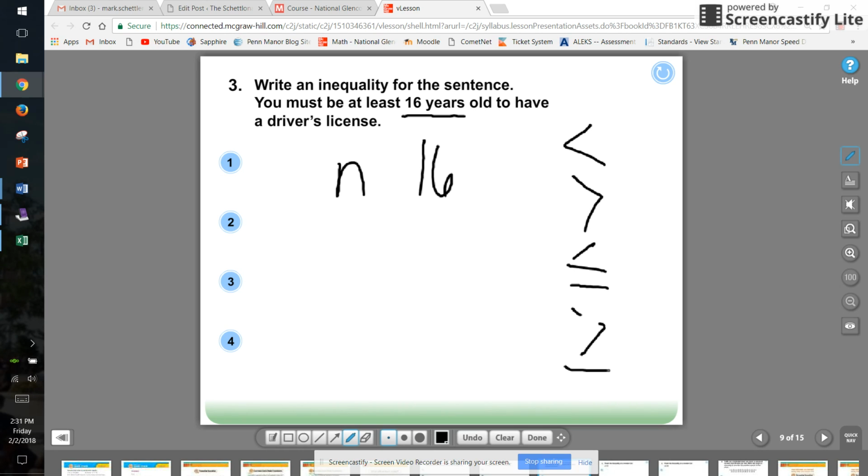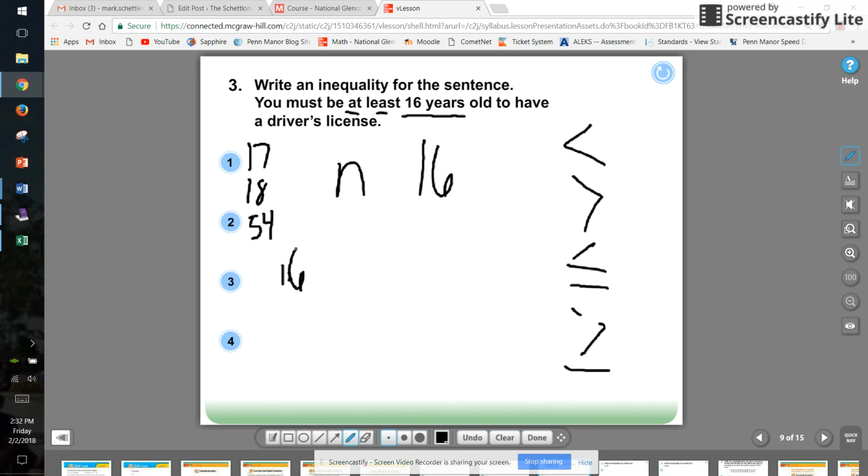Now, what are some numbers that make sense? It says you must be at least 16 to drive. All right, how about a 17-year-old? Sure. How about an 18-year-old? Yes. Some 54-year-olds. And here's a bit of a tricky bit. Can 16-year-olds drive? Think about it for one second. The answer is yes. 16-year-olds can drive.